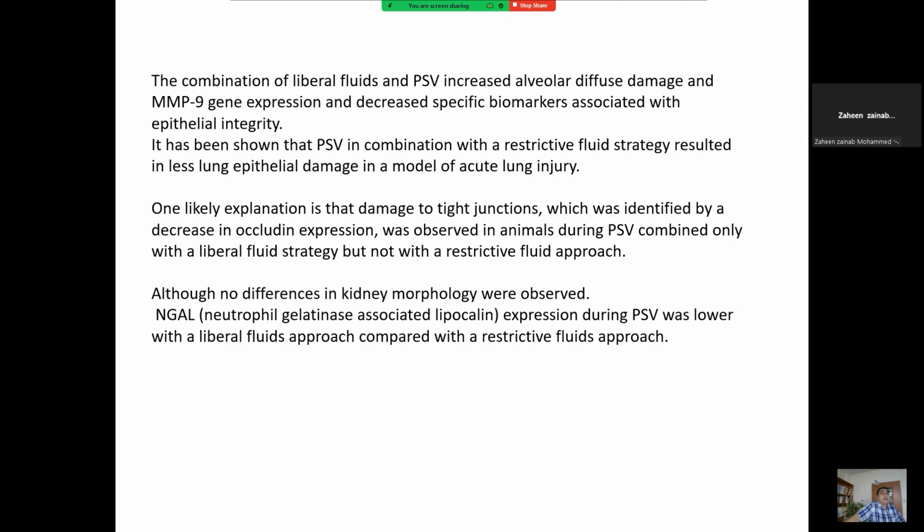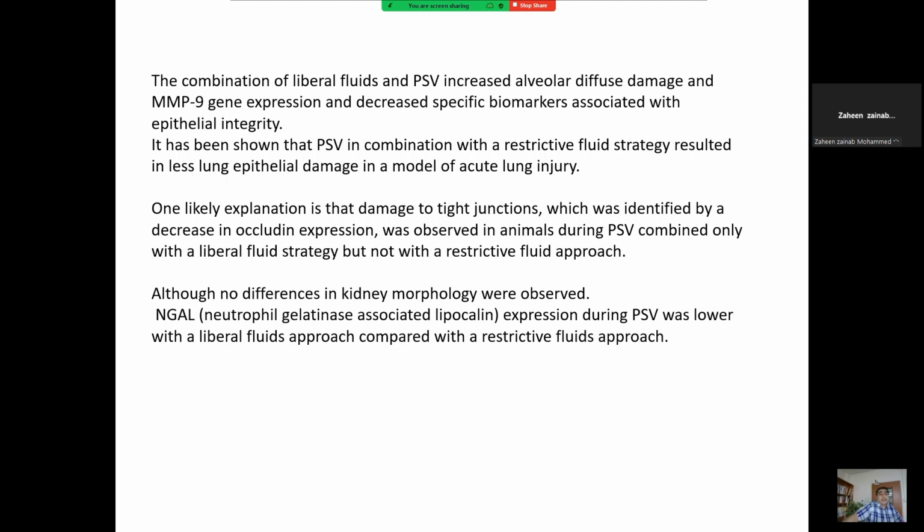It has been shown that pressure support ventilation in combination with a restrictive fluid strategy resulted in less lung epithelial damage in a model of acute lung injury. One likely explanation is that damage to tight junctions, which was identified by a decrease in occludin expression, was observed in animals during pressure support ventilation combined only with the liberal fluid strategy but not with the restrictive fluid approach.